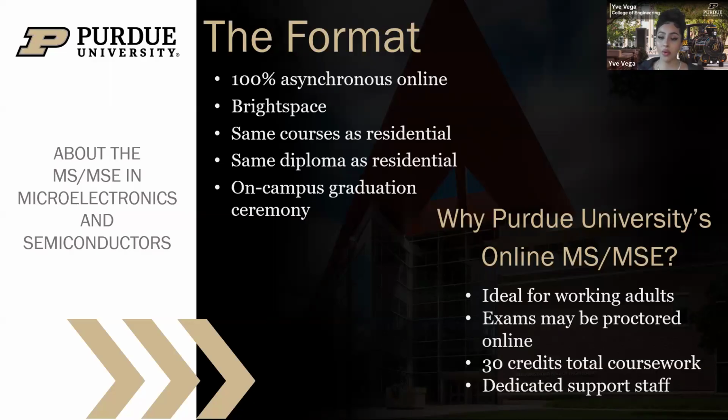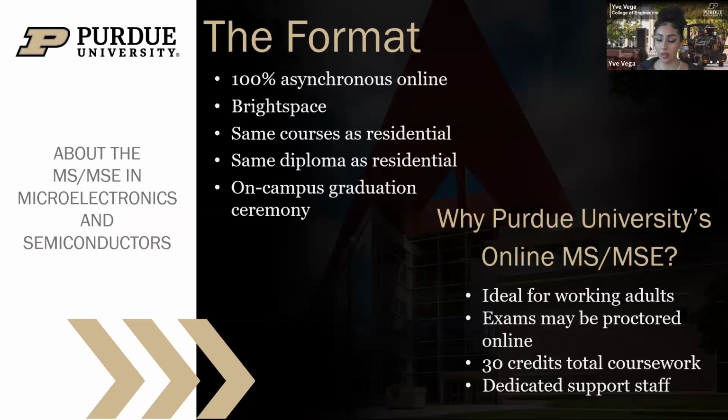For that reason, when you graduate, your diploma will not mention that the program was pursued online. Your diploma will be identical to that of a residential student's because essentially it's the same program, just different delivery modality. Now on your diploma, depending on the bachelor's that you have, you will be earning an MS or an MSc.